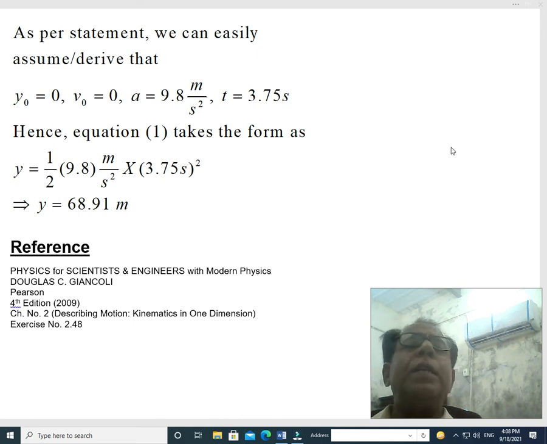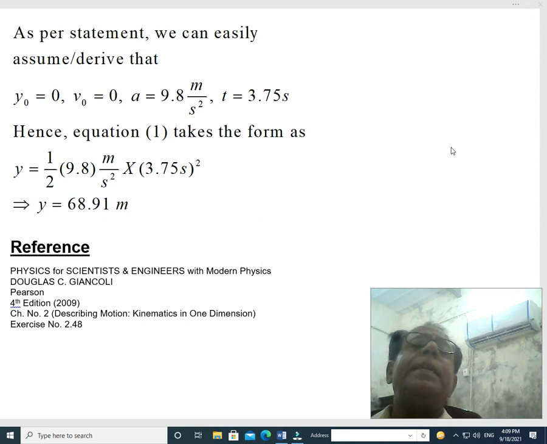So the only significant term will be half into 9.8 meter per second square into 3.75 second whole square, because in half at square, a is 9.8 meter per second square while t is 3.75 second.